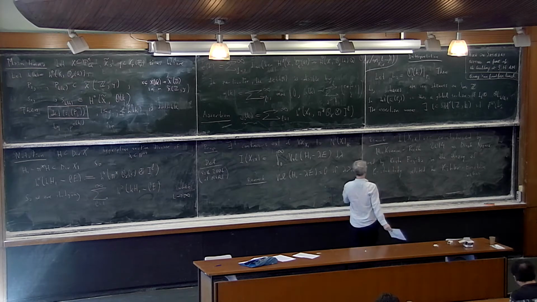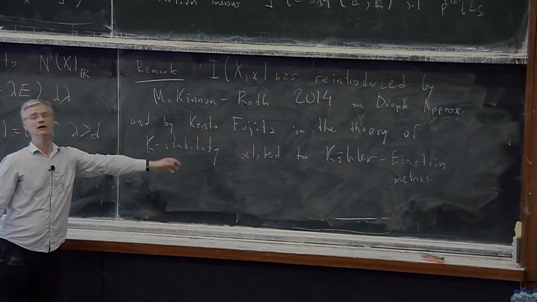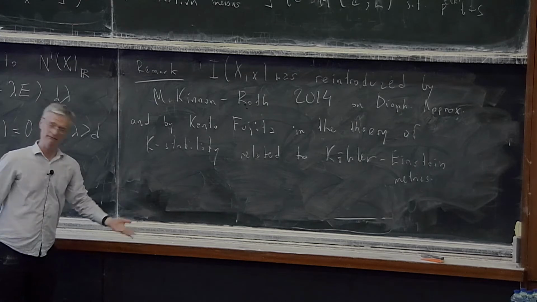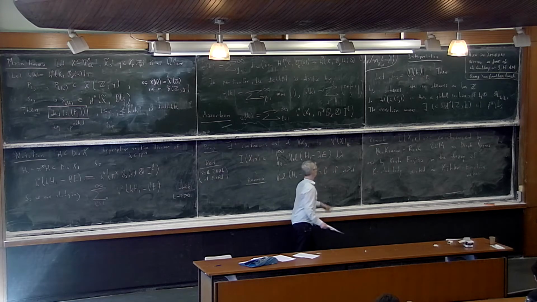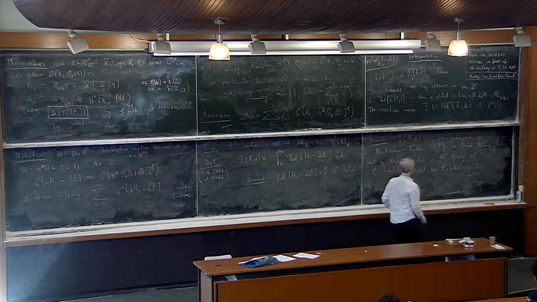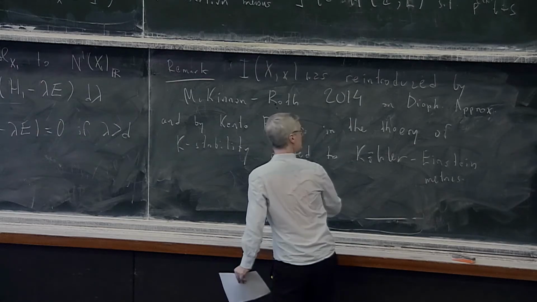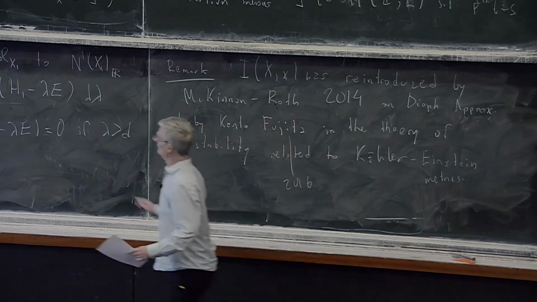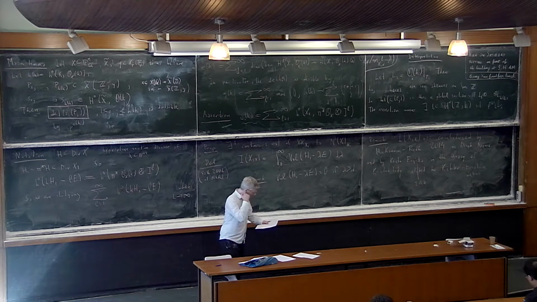But there are many other problems he solved brilliantly using this invariant. So he related it to something called Ding stability, which was a purely analytic invariant that was used in the theory of Kähler-Einstein metrics. So I think his papers are very interesting, and I discussed with him, but this was in 2000. So I don't think I can use anything of his papers, but I strongly recommend you to look at them.